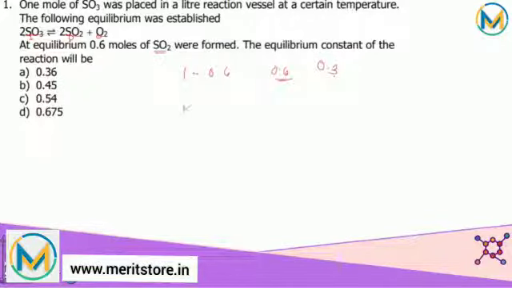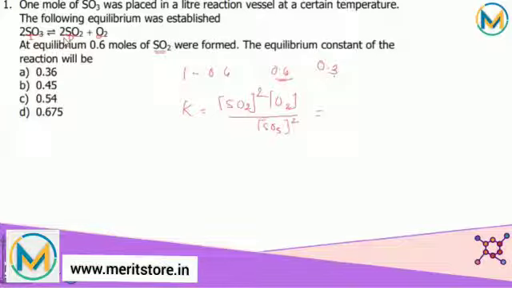Now we know equilibrium constant K is equal to concentration of product upon concentration of reactant. By looking at the equilibrium reaction, I can write the equilibrium constant as concentration of SO2 the whole square, because there are 2 moles of SO2, times O2, the whole upon concentration of SO3 the whole square.